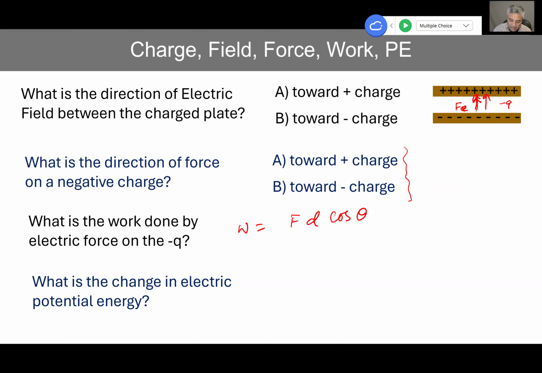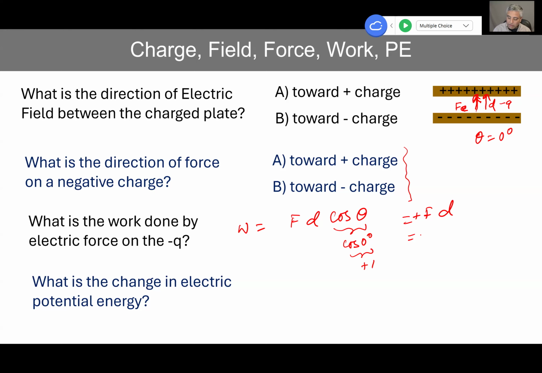So the angle between them is 0 degrees, and cosine 0 degrees becomes positive 1, meaning work done is equal to force times displacement, and is positive.